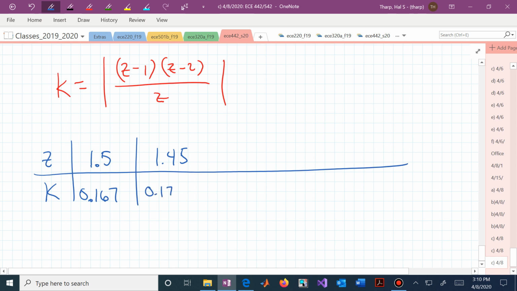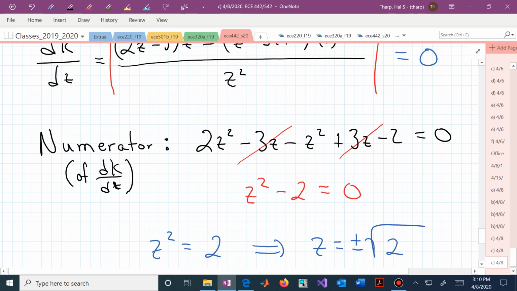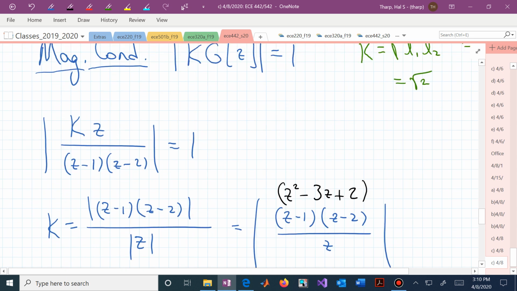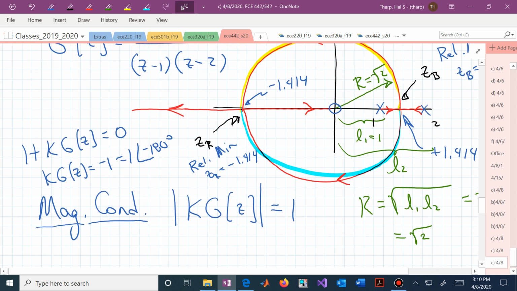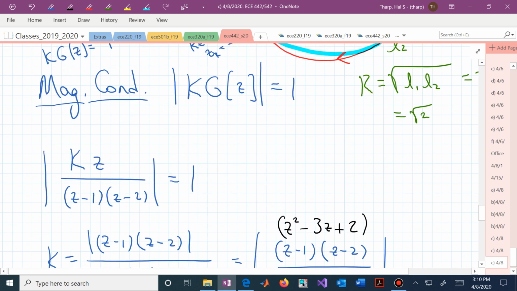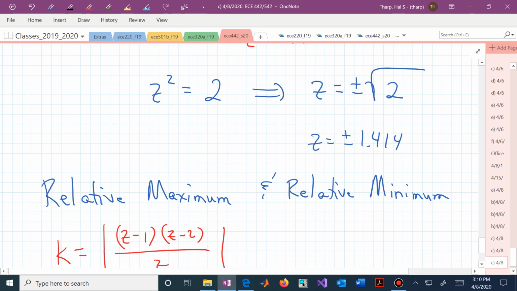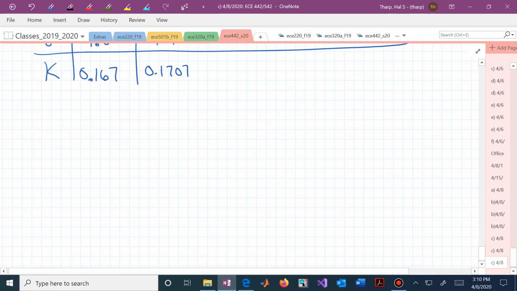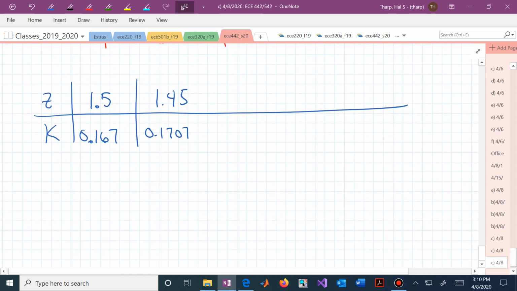Now I'm at a gain of 0.1707. So in fact, this is really sort of saying that I'm not breaking away midway between 1 and 2, which is at 1.5. It looks like my gain is increasing as I get to the left of 1.5. At 1.45, my gain k is bigger.